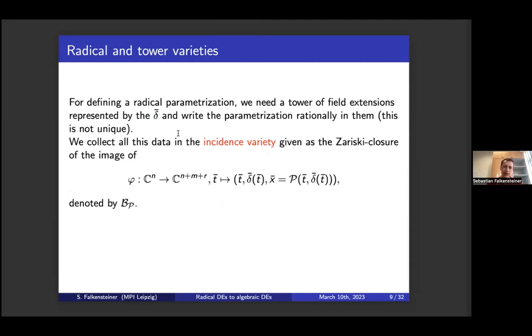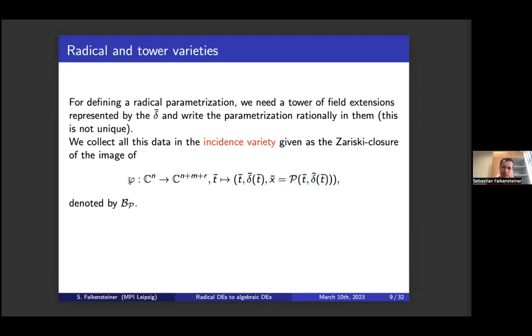And to proceed, we collect all this data about the deltas in the incidence variety. So this is given by: we take all the parameter values of the given radical parametrization, we take the list of the deltas, and we write the parametrization rationally in the deltas.